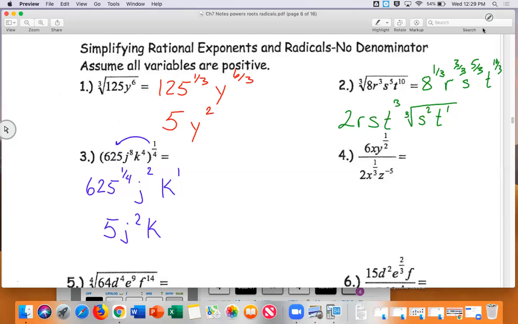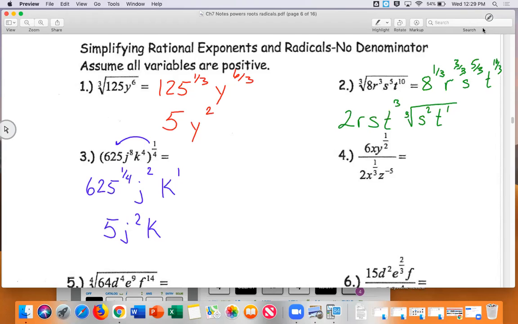How many times does 3 go into 5? 1 time with 2 left over. So 1 s came out and the 2 stayed inside. Make sense? But we're talking about a cube root, so that's why it's still a cube root of s squared. 3 went into 10 3 times with 1 left over. So that's why it was the cube root of t to the first.